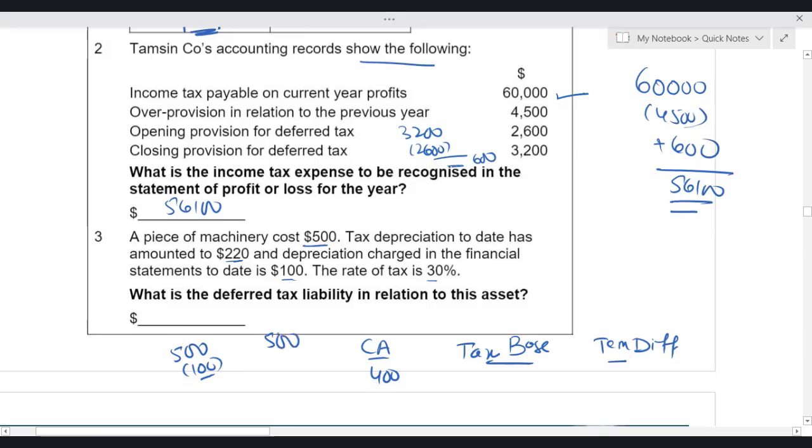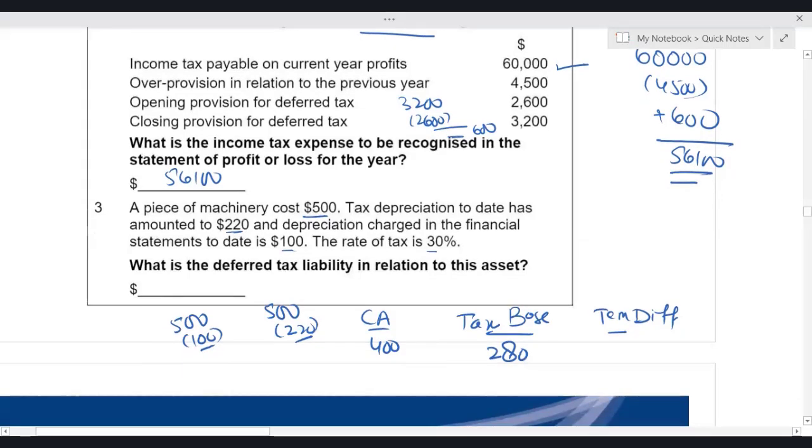For a depreciable asset, tax base is equal to tax written down value. So from this 500, we will deduct the tax depreciation, which is 220. So tax base is 280. Asset's carrying amount is more than the tax base. So when carrying amount is more and tax base is less, there's a taxable temporary difference of 120, multiplied by tax rate.